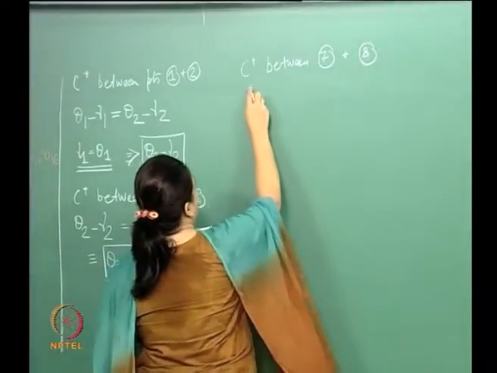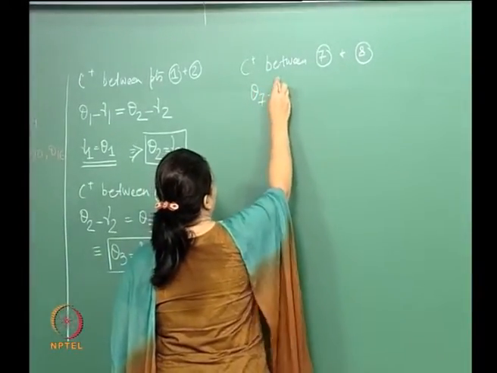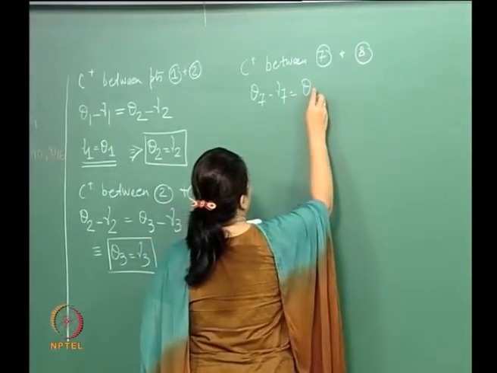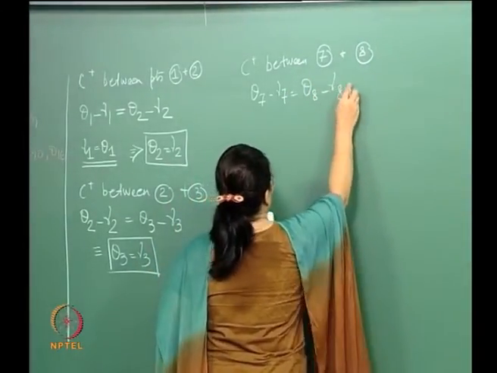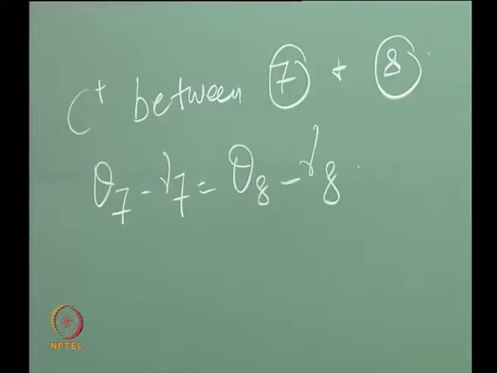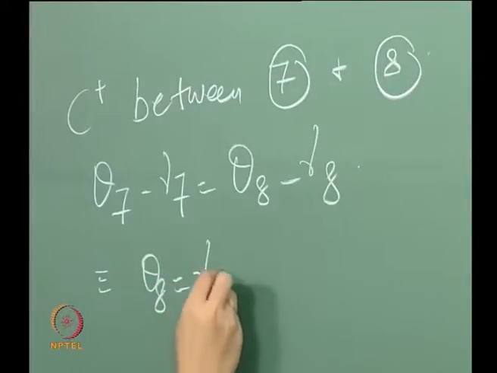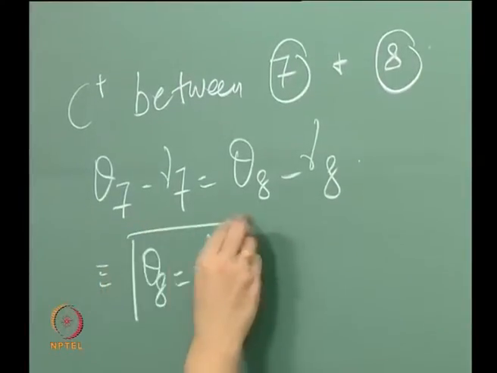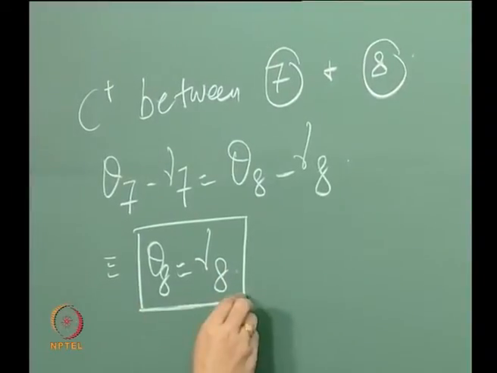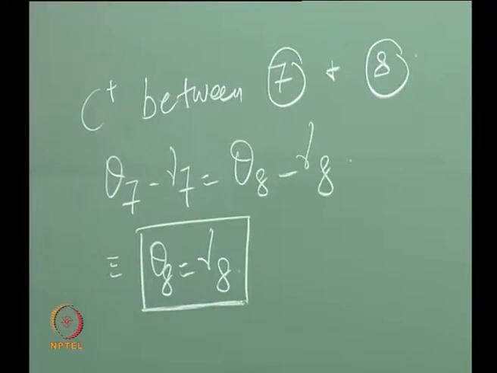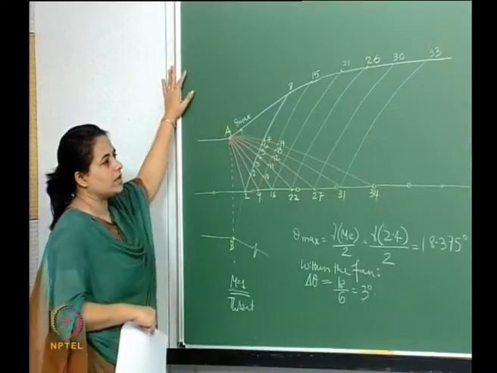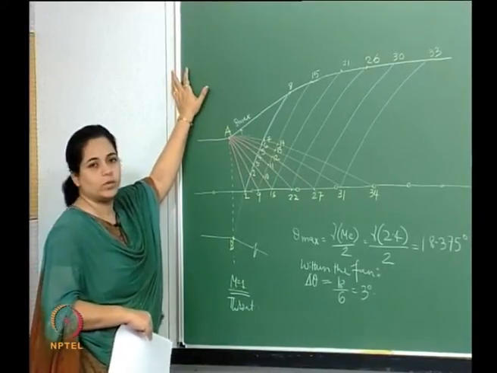As we found out, theta 8 is equal to mu 8. Now the point is how do we locate this? Theta 8 and mu 8 both are unknown.